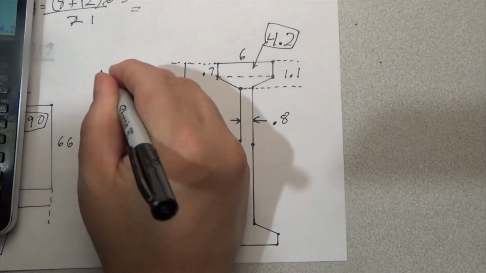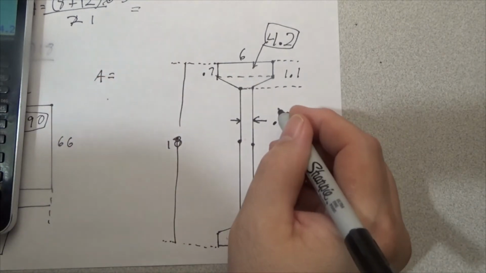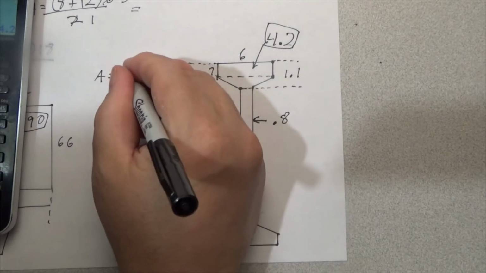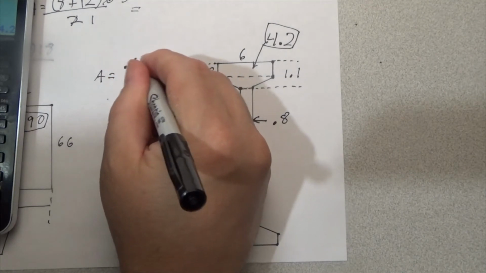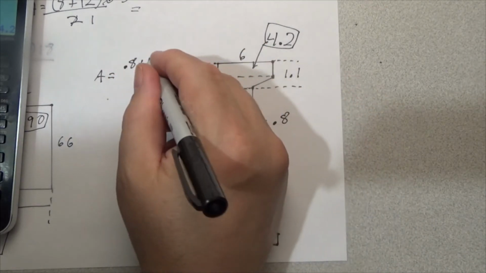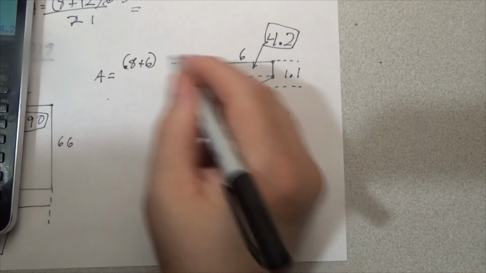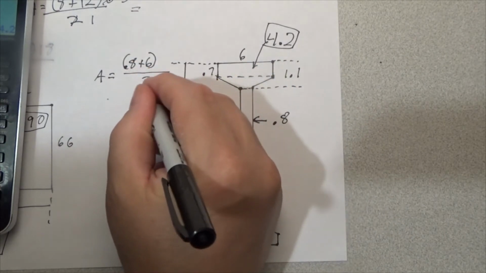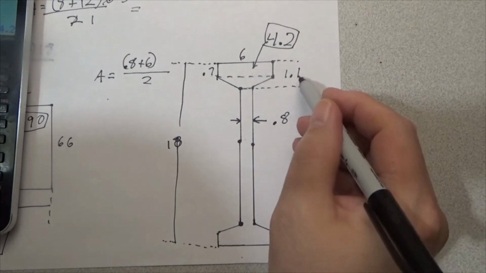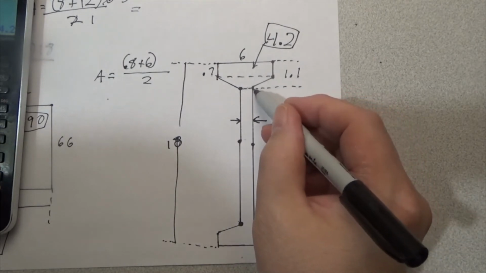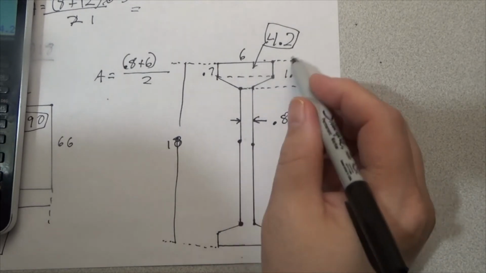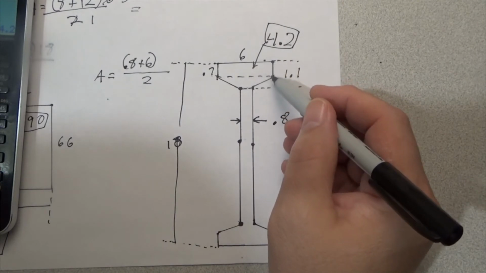The area is equal to base 1, we'll just call that 0.8, plus 6, times the height, divided by 2. Well, what's the height here? This is 1.1 from here to here and 0.7 from here to here.